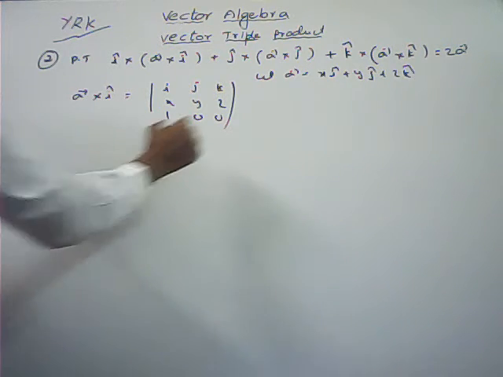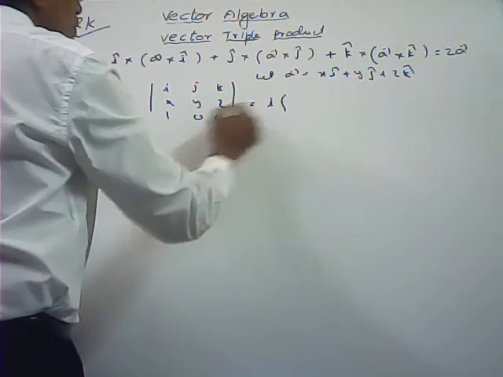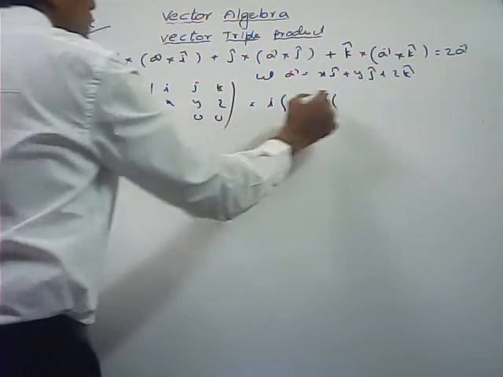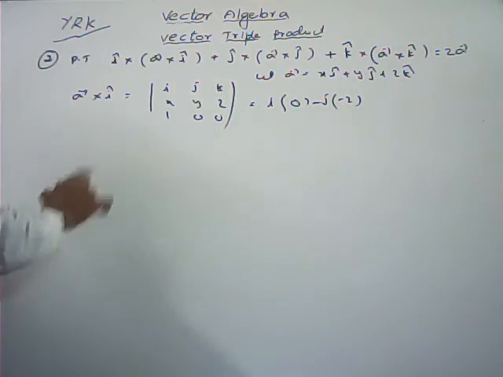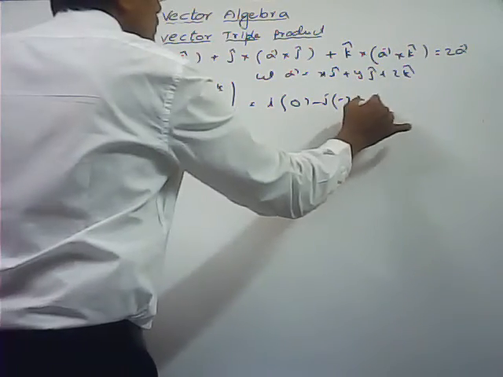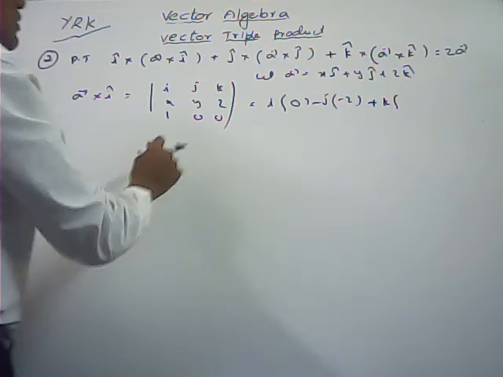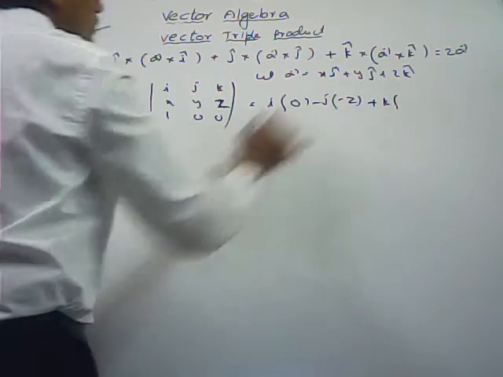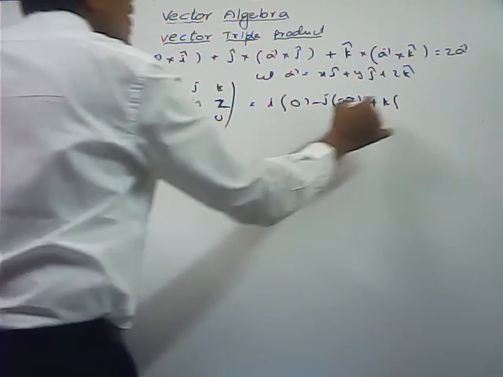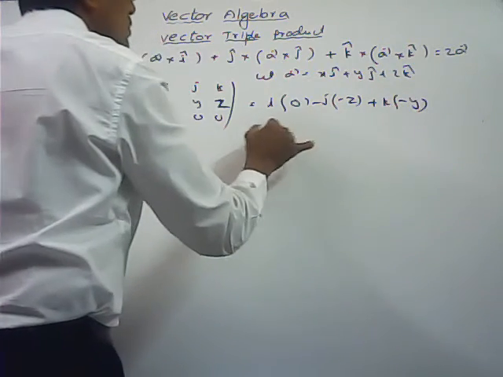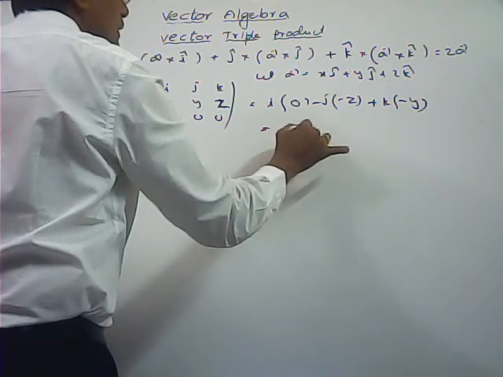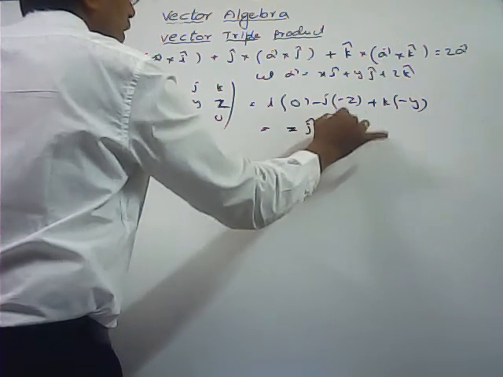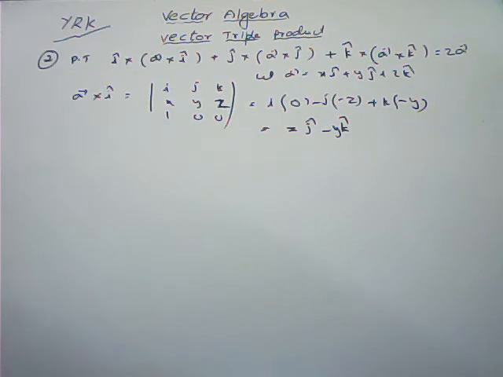So how much are we getting here? i into 0 minus j into minus z plus k into minus y. So z j cap minus y k cap, we are getting that one.